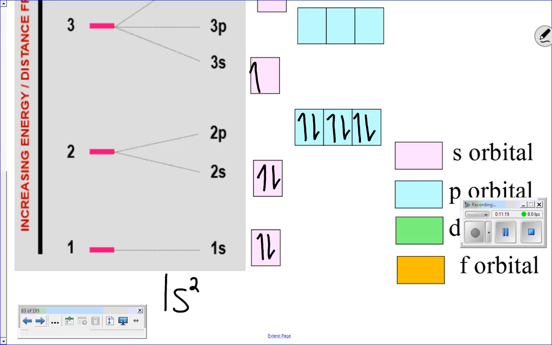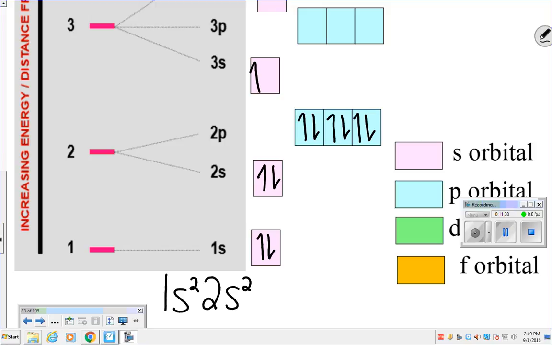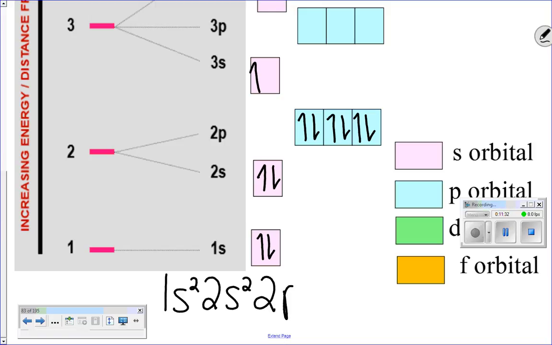We're writing normal number 1, normal letter s, and then a superscript 2. 2s2. 2p. Now, the reason that this is a 6 is because there's 2 there, 2 there, 2 there. So 2p6, 3s1. And that's our quantum configuration for sodium.